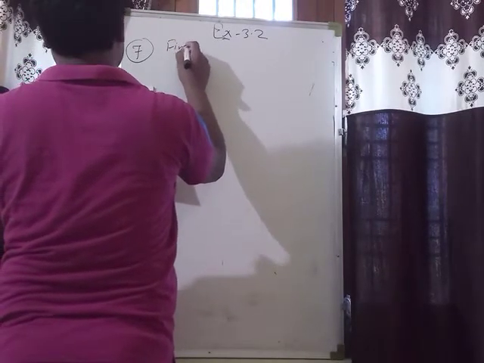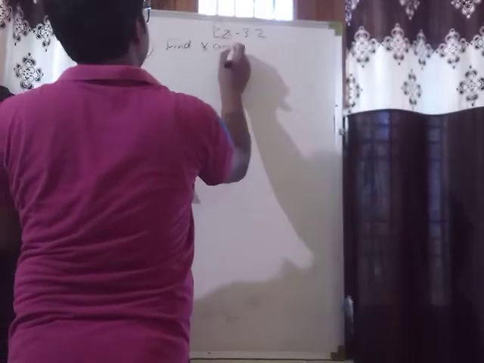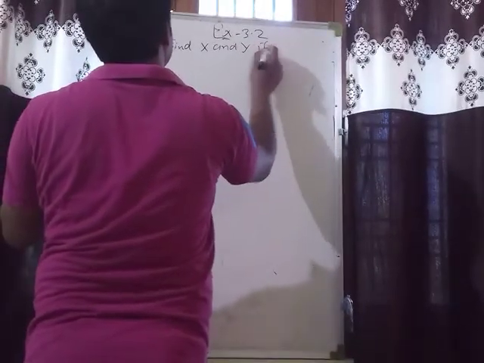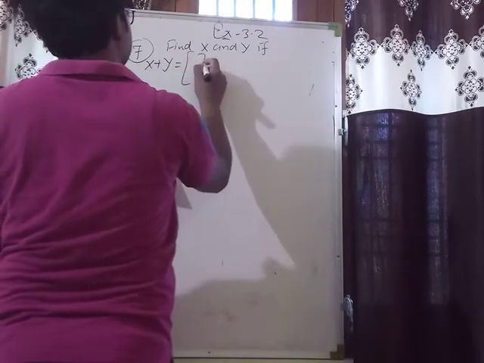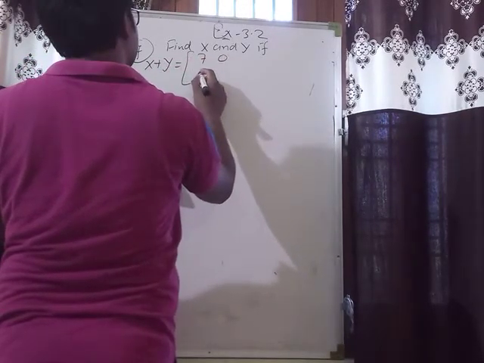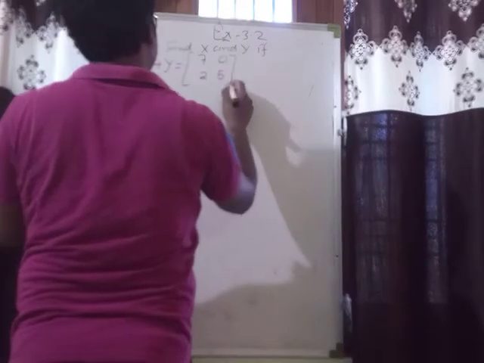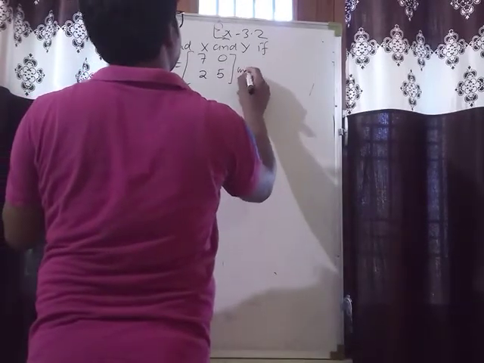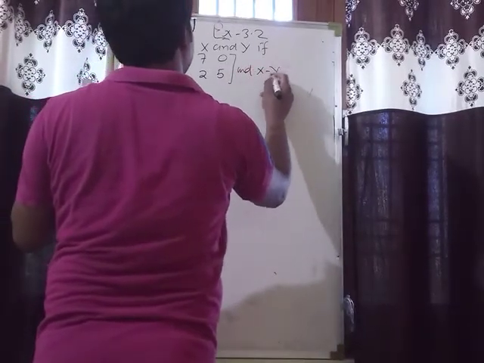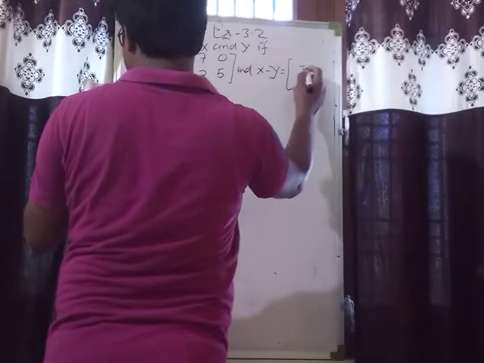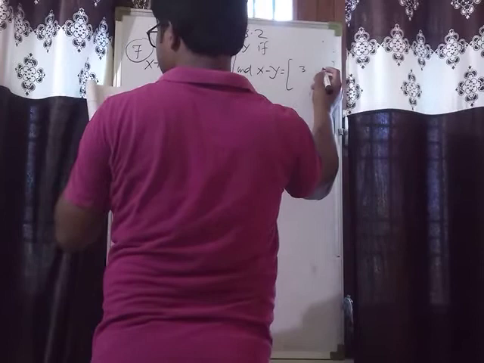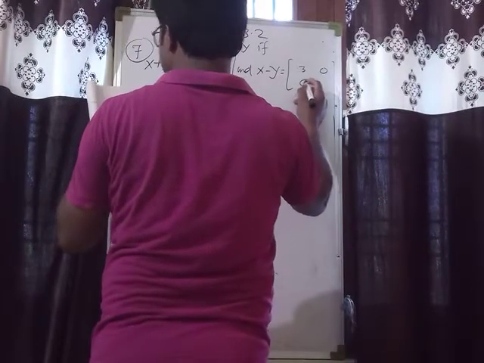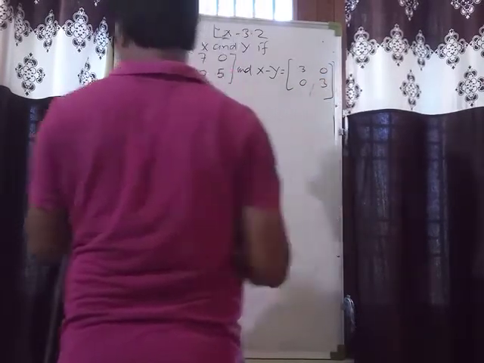Find x and y if x plus y is given. This is 7, 0, 2, 5, and x minus y is given 3, 0, 0, 3. Okay.